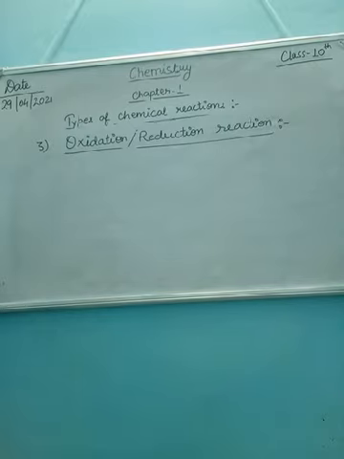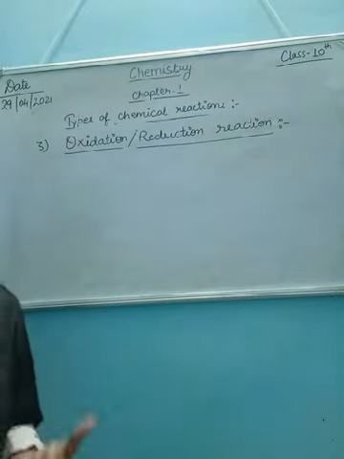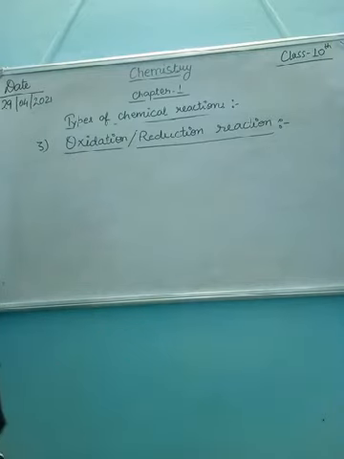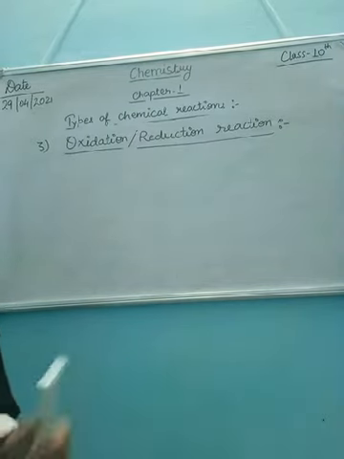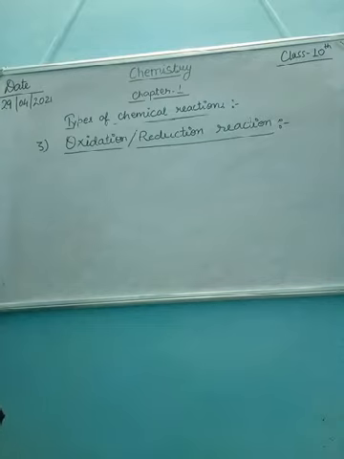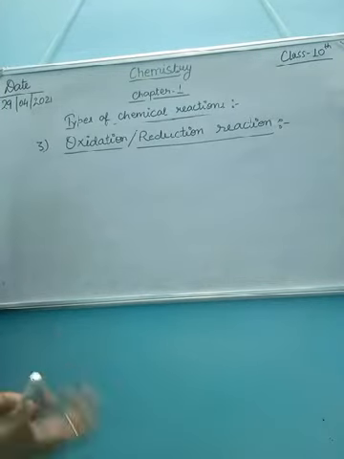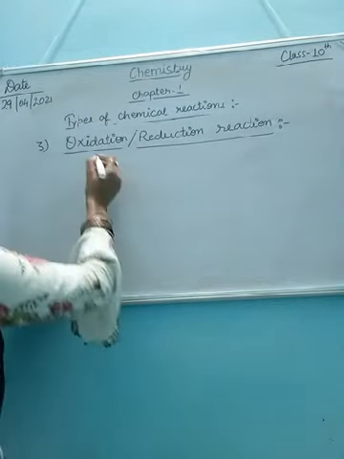See, what is oxidation reaction? Oxidation reaction is a type of chemical reaction in which any substance, compound or element reacts with oxygen. Oxidation reaction is a type of chemical reaction in which a substance gains oxygen or combines with oxygen.